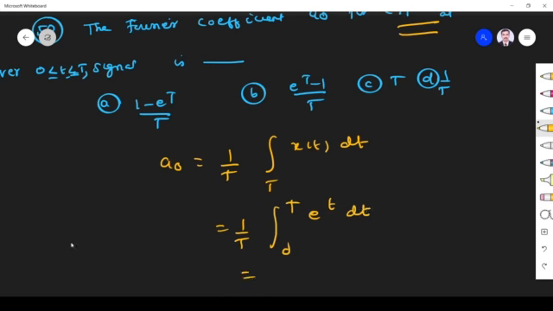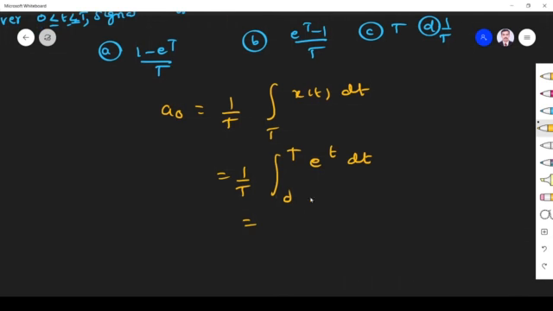That is 1 by T times e power t from 0 to T, so 1 by T into (e power T minus 1). So the answer is 1 by T into (e power T minus 1).